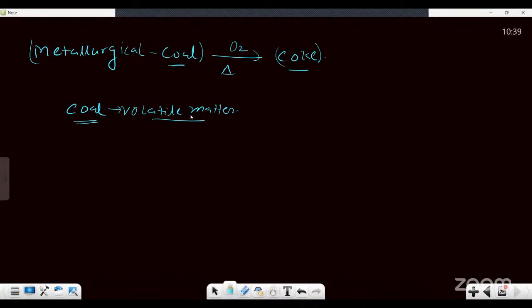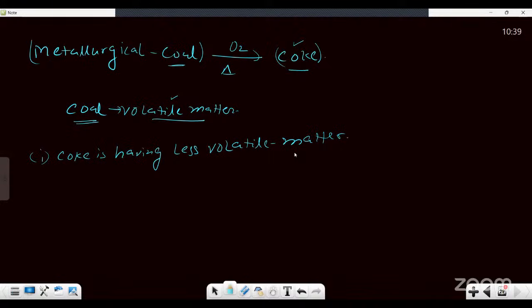So ultimately you need to heat more. But this problem is not there if you are using coke, because coke has less volatility. So the advantage of coke is that it has less volatile matter, right?